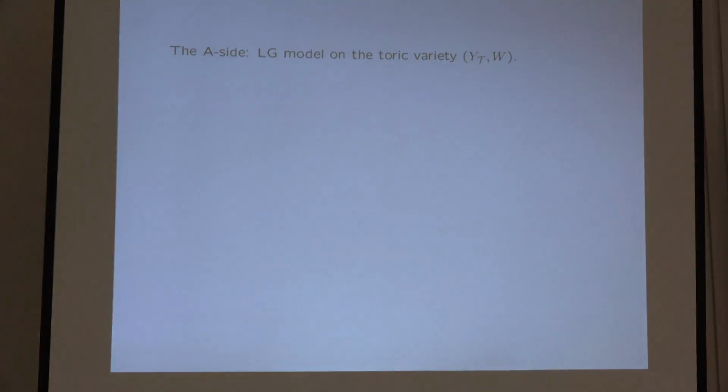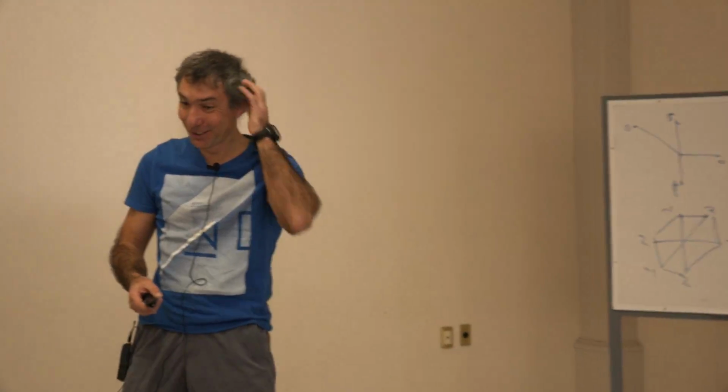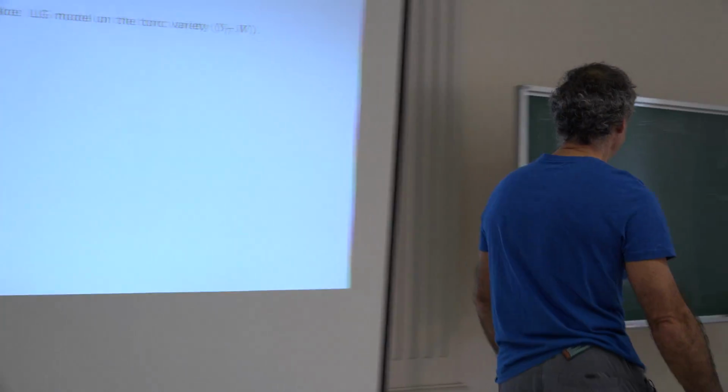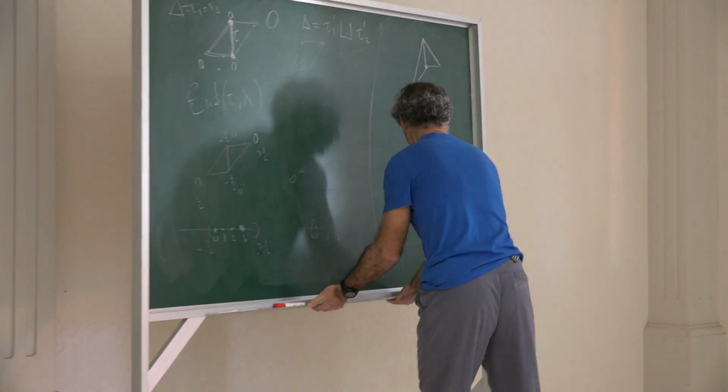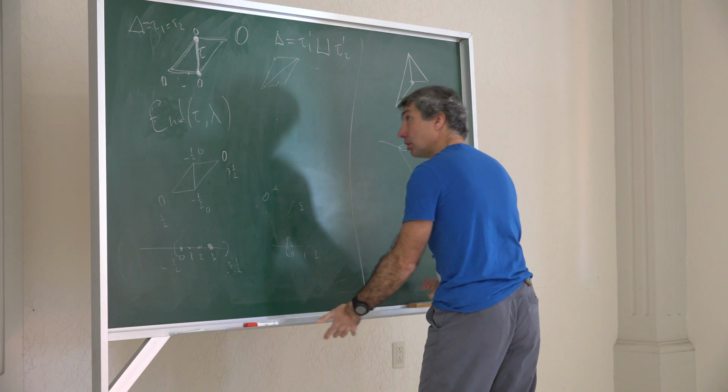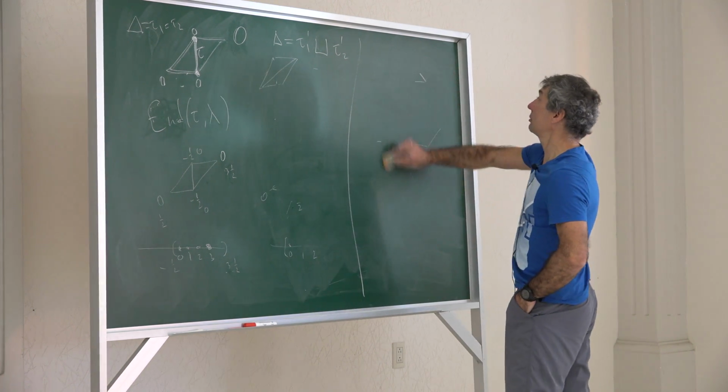All right. So we are mirror symmetry people. We try to prove mirror symmetries, all kinds of it. So let's look at the dual B side. It's not the A side, it's the B side. For the same data, namely these integral points, we can associate a toric variety and the Landau-Ginzburg model on it.